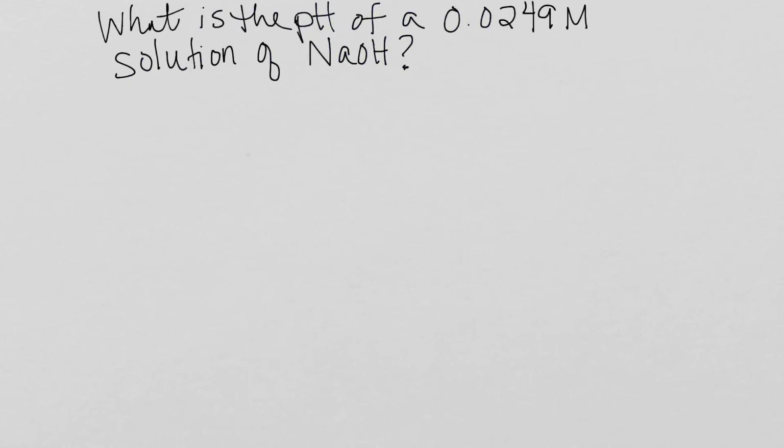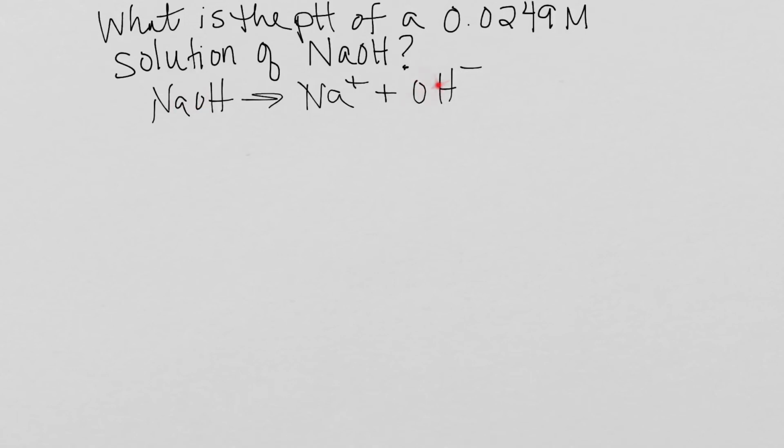Okay, so here's an example problem. For this one, I need to find the pH, but what I'm given is the molarity of a sodium hydroxide solution. So basically, it's a 1-to-1 ratio. When this dissociates, I get a sodium and a hydroxide.